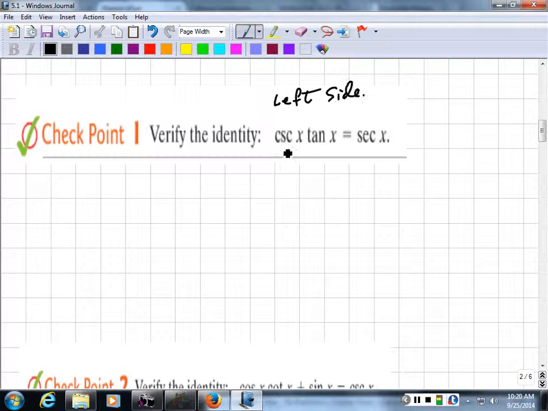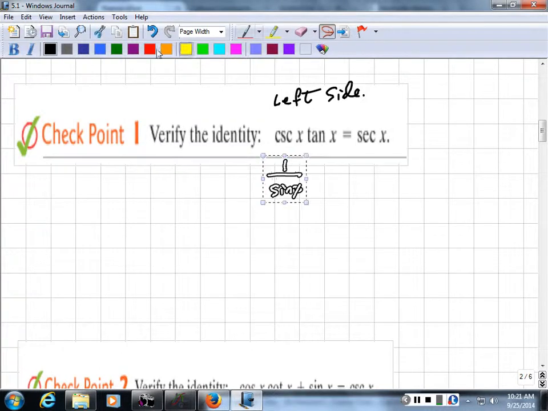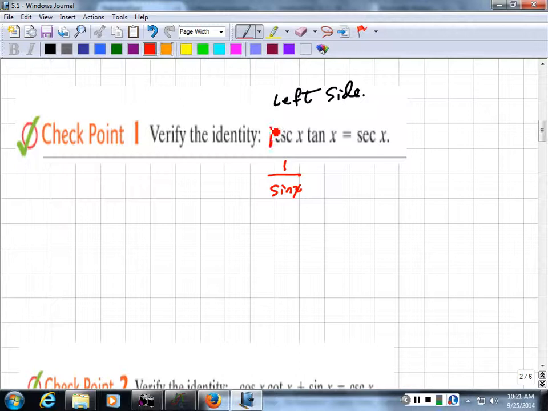And I know that the cosecant of x is the same thing as 1 over the sine of x. Okay? Actually, I should do this. So I've gone ahead and changed the cosecant of x into 1 over sine of x. I'm going to multiply that by the tangent of x. I also know that the tangent of x is equal to the sine of x over the cosine of x.